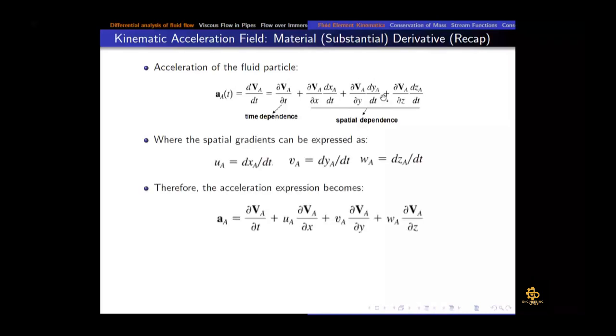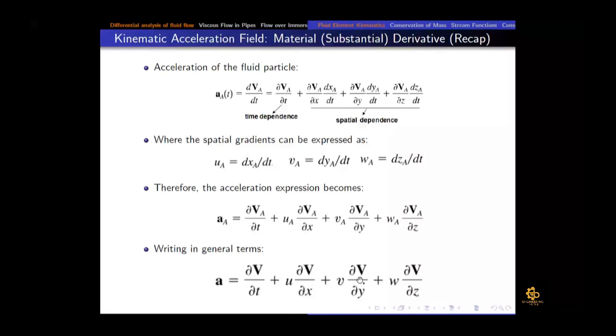So in the acceleration, the first term is the unsteadiness, the time rate of change at one point, and these other three terms are the spatial variation of velocity. So they are due to variation in space for a particular fluid particle A.